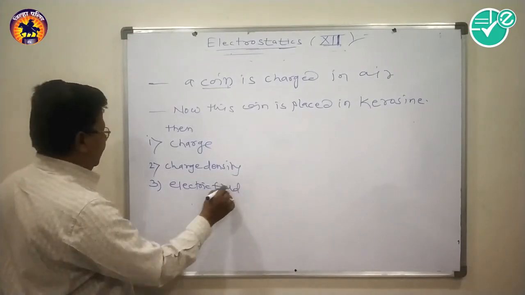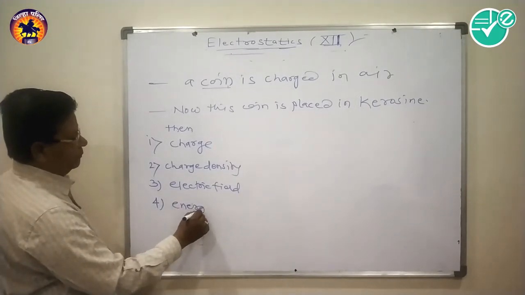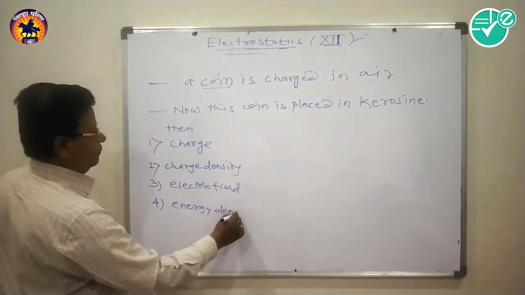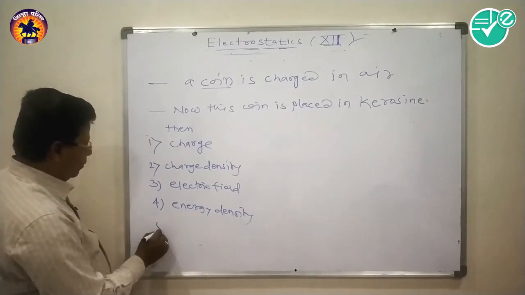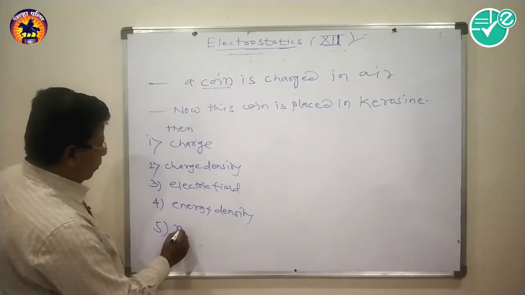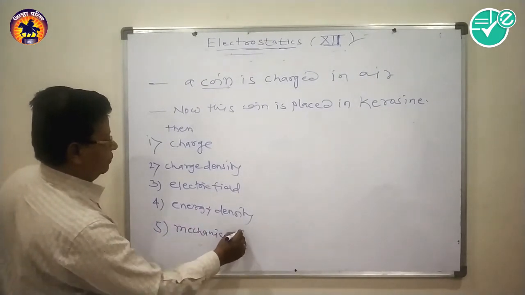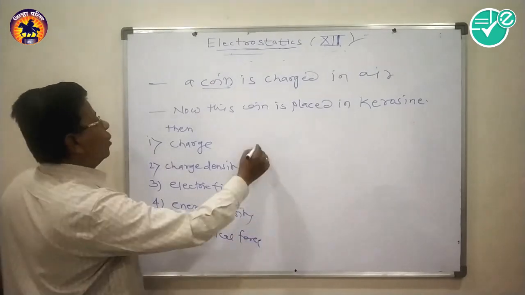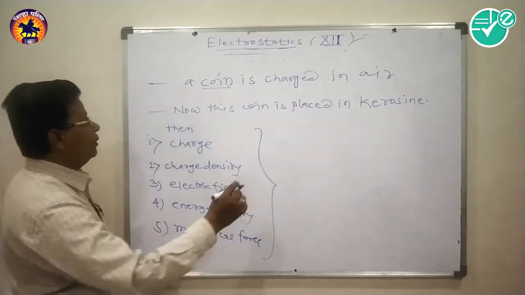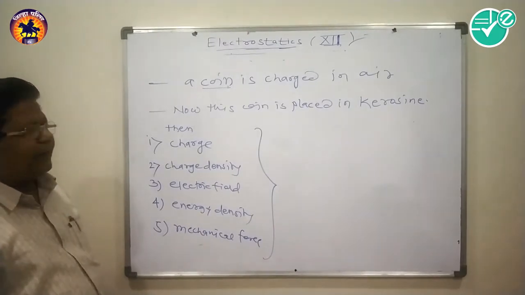Number four, energy density. Number five, mechanical force. So out of these five quantities, which quantity is affected?